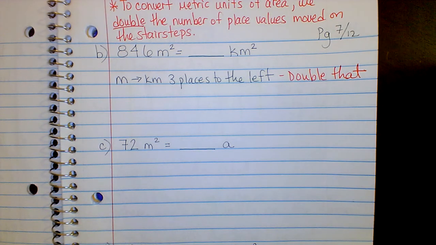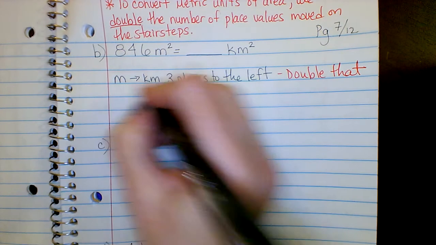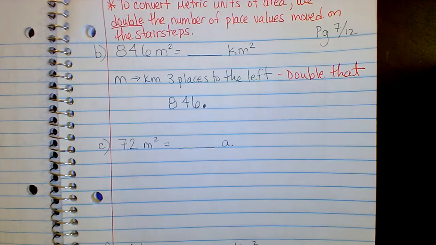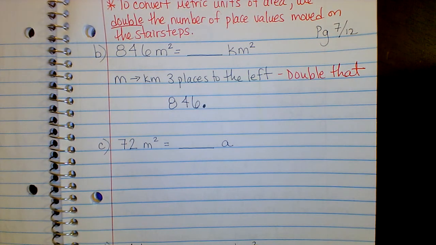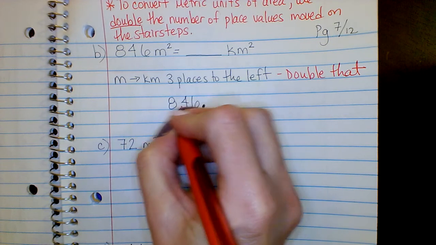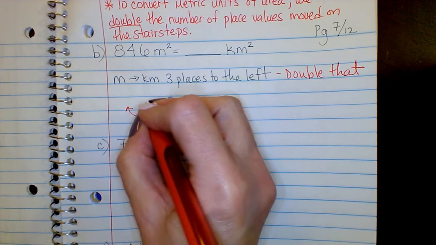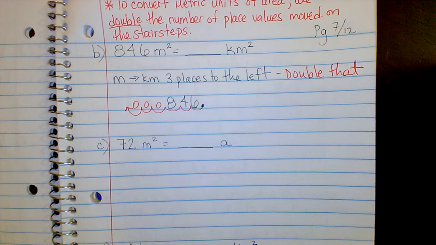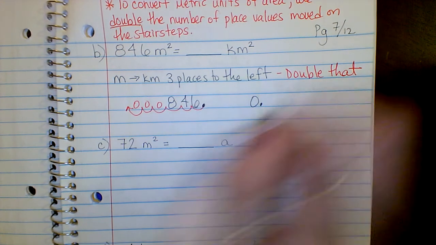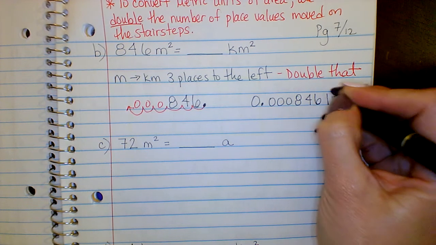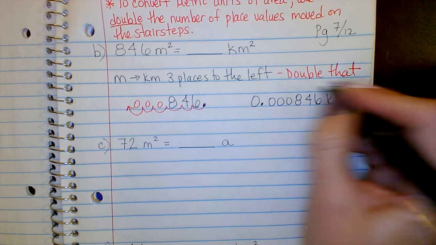We're going to double that. So we get 846. There's my decimal point. So 3 places doubles to be 6 places to the left. So 1, 2, 3, 4, 5, 6. Decimal one's up right there. I'm going to fill in all those gaps with zeros. I get my leading 0, 3 red zeros, 846 square kilometers.